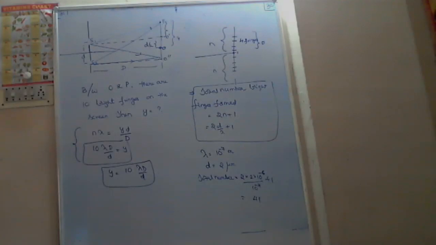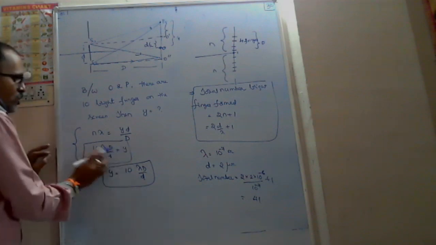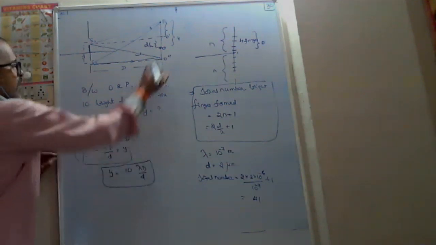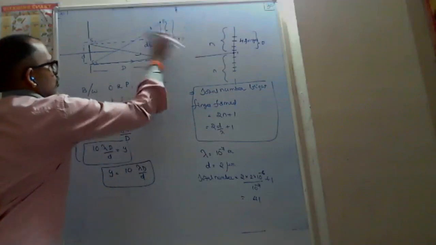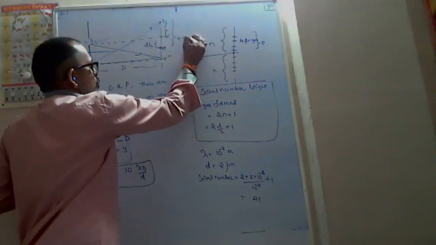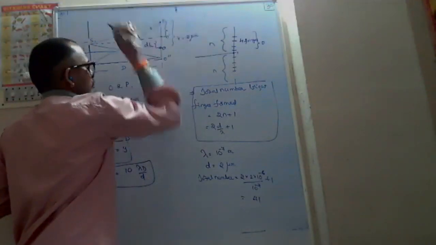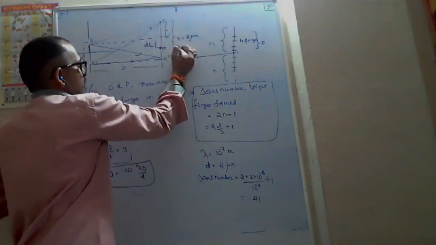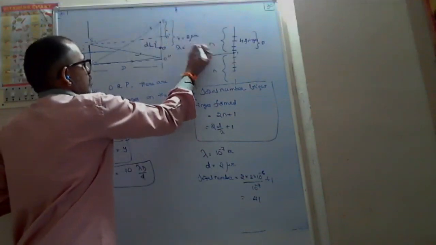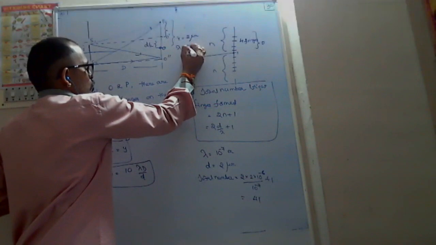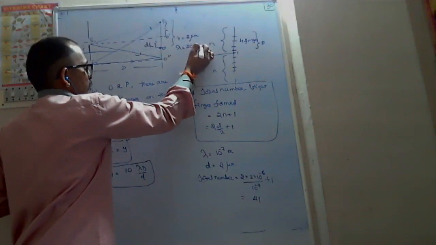So in this case, suppose I ask, this y is equal to 10 lambda D by d, and that y is equal to say 2 micrometer, and lambda is equal to say 2000 angstrom.